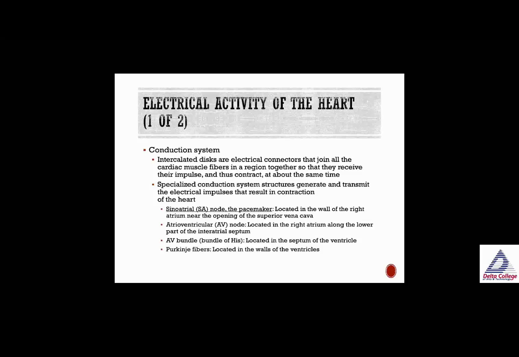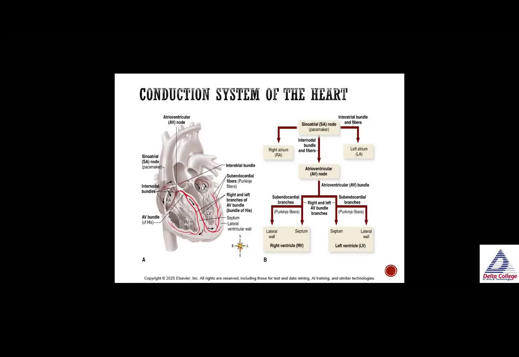So basically, without looking at the heart, it goes from the SA node, which is the pacemaker, down both sides in the middle, down the heart to the AV node. The electrical signal keeps going through the bundle of His and down into the Purkinje fibers in the ventricles. And that is shown here on the left-hand side.